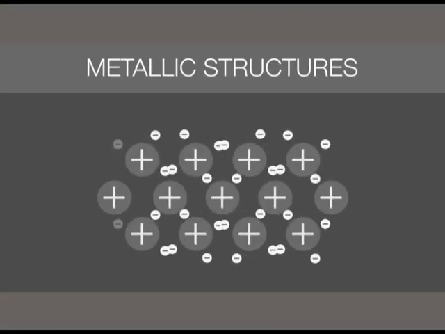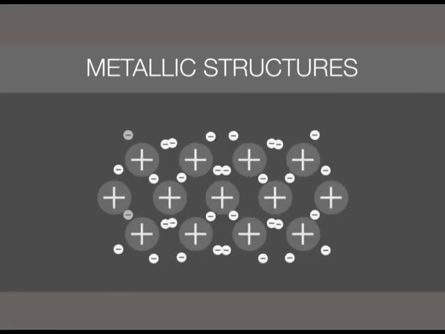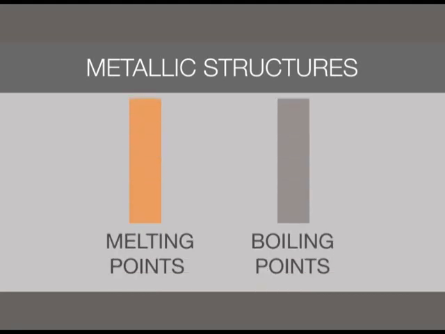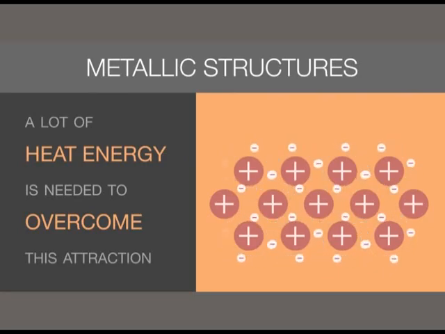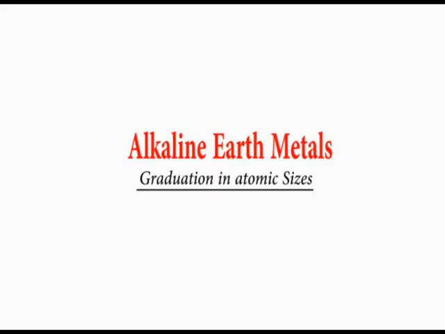The metallic structure also explains why they have very high melting points. The atomic radius increases down the group due to additional energy level.